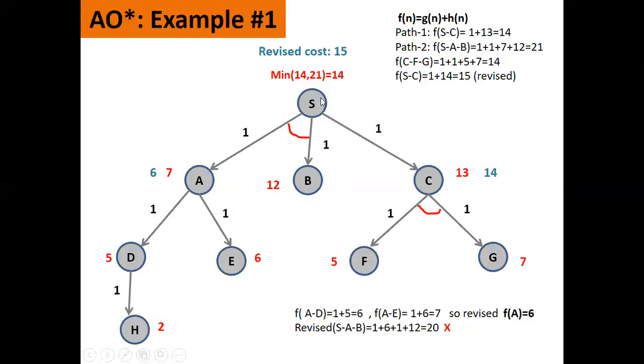So for S, we followed two paths. Path 1 gave us the value 14 and path 2 gave us the value 21. So we need to select the minimum of this. Right now, we have estimated the heuristic value of S as 14 because 14 is minimum.